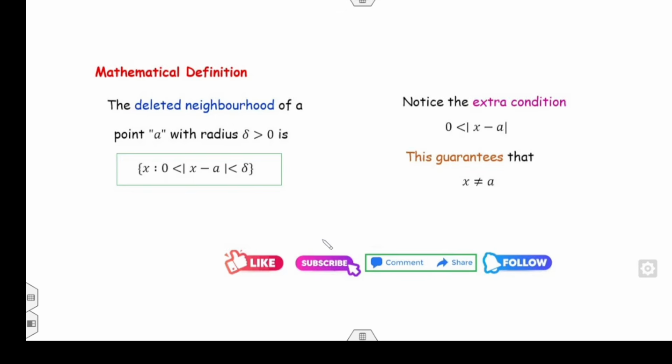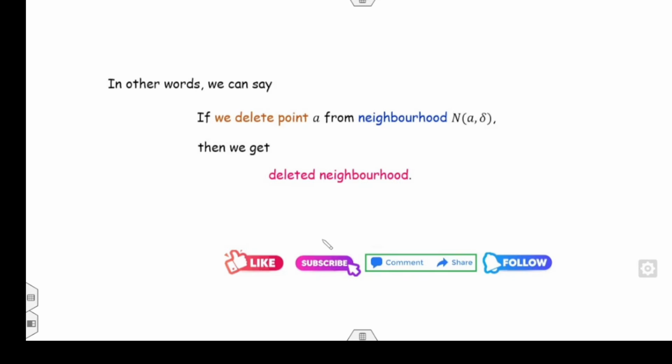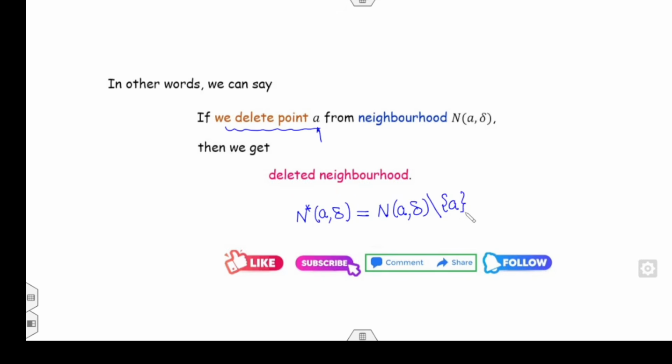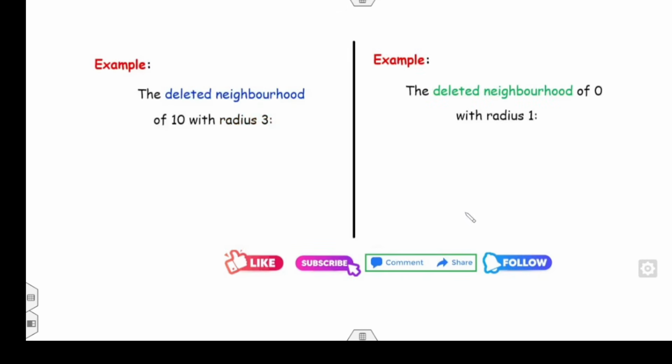That means x is not equal to a, granted. Or as I tell you, if we delete the point A from the neighborhood, then we will get the deleted neighborhood of the point. That means I can define the deleted neighborhood as the neighborhood minus A. Fine, that is called the deleted neighborhood.